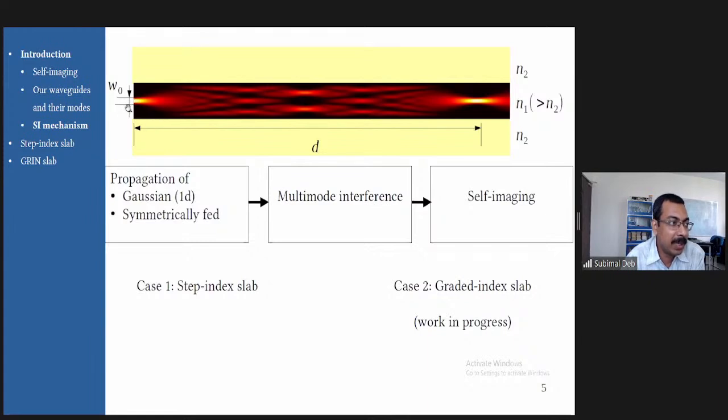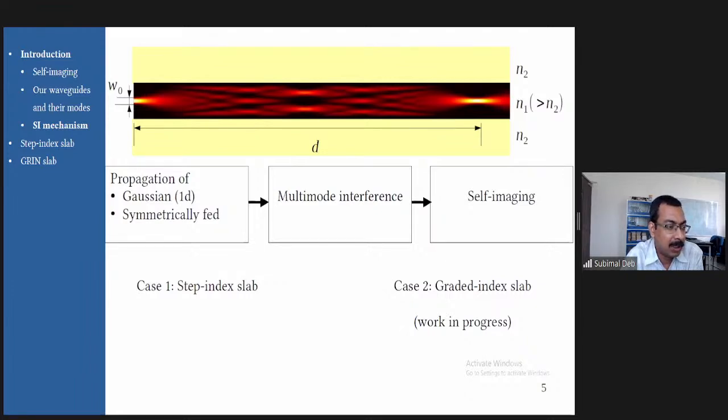The assumption is that the Gaussian beam is being fed at its waist, which means that the wavefront of the Gaussian beam at the input is parallel to the axis of the waveguide at the injection point. So that is the assumption we go ahead with, and having spoken to some of the experimental people, I've been told that it is possible to do that.